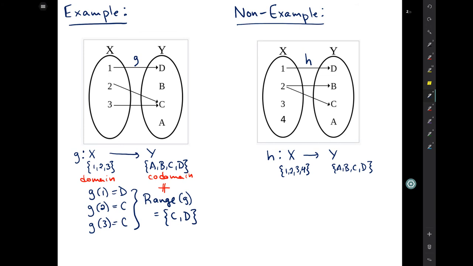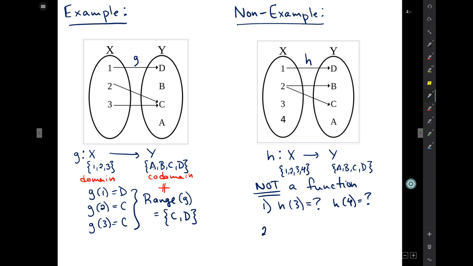This assignment here is not a function, and there's two reasons for it. The first reason is that h of 3 is not sent to anything. It's not defined. And also h of 4 is not defined. So I have two elements of my domain that are not assigned an element of my codomain.